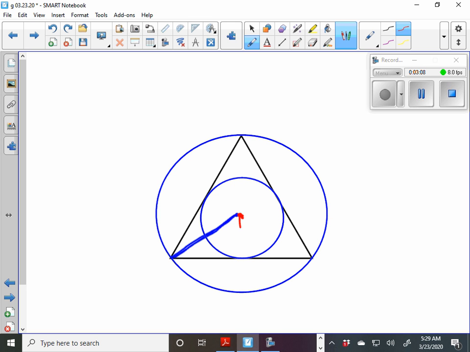If I draw in the radius of the inscribed circle, that's going to give you a perpendicular line. It's going to bisect that side. We call that the radius of the inscribed circle. We're also going to call this an apothem. It's always going to be a perpendicular line to the side that bisects the line.